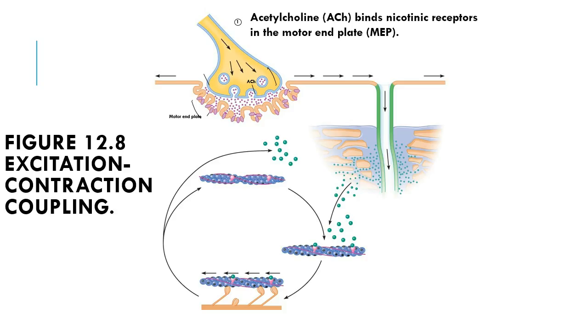Draw some voltage-gated channels on your sarcolemma and even on your, where else could we put some voltage-gated channels? On our T-tubule. So we said in the presence of acetylcholine, the muscle cell will generate an end-plate potential, and then that will activate the production of an action potential at the rest of the sarcolemma and down our transverse tubules.